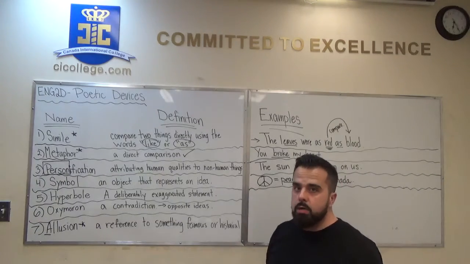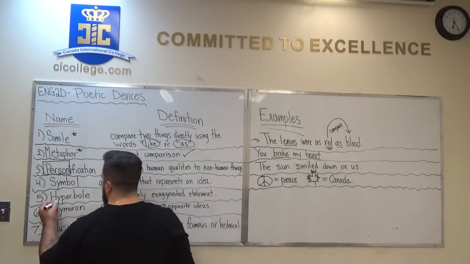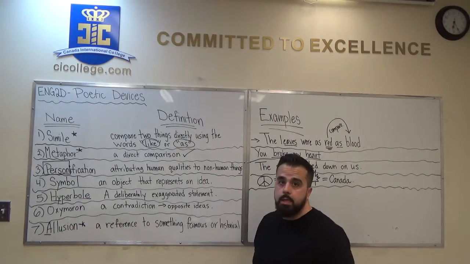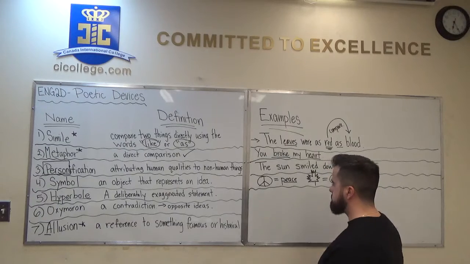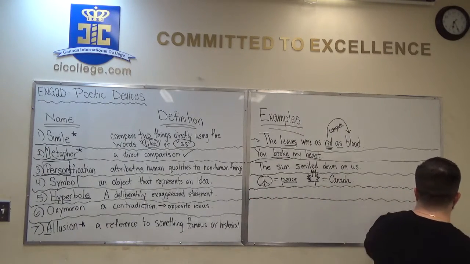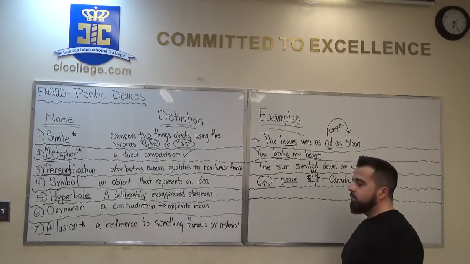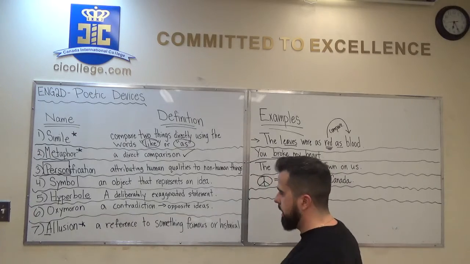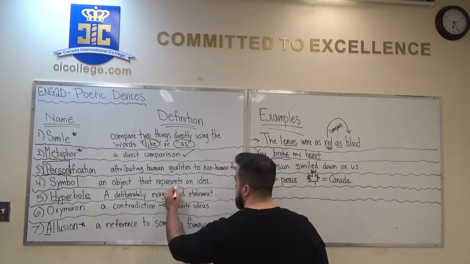Next, hyperbole. Hyperbole. This is exaggerating, right? So when you really want somebody to understand a feeling, you try to make it more than it is sometimes. That's called hyperbole, exaggerating.